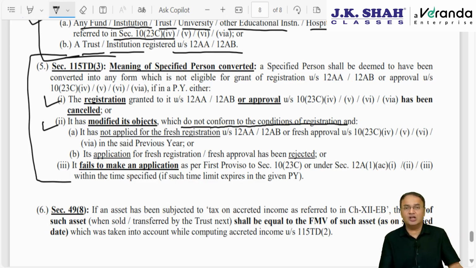And the third possibility, which is very stupid on the part of government, this is really injustice but can't help it.